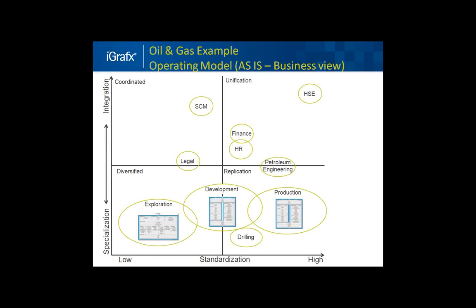So it was way up here. Finance needed to have a high level of standardization and a high level of integration. So did HR. So there are different aspects of your business that have a different way of operating. Petroleum engineering, in this case production, development, exploration, and drilling, all had different operating models.